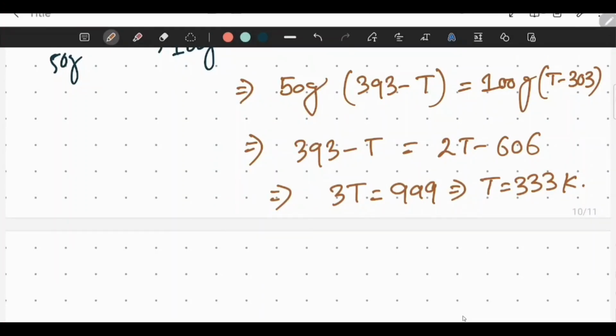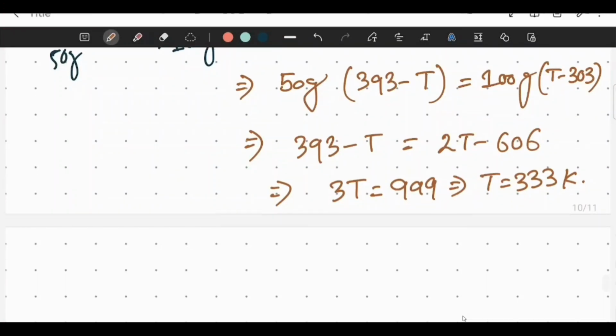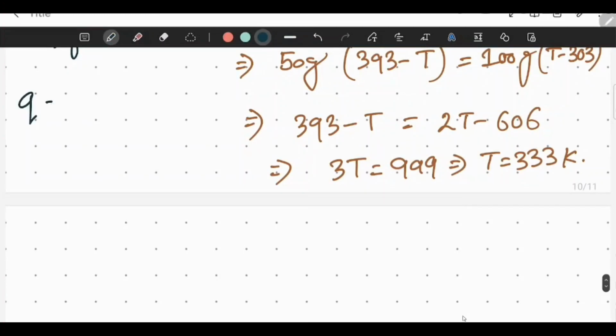Correct? This is all the first question. Now we have to calculate the del S total and the amount of heat, Q. Consider M C del T. Let's say M is 50. What is C?